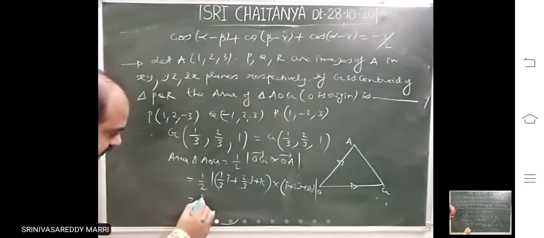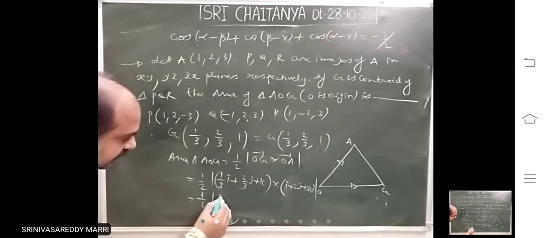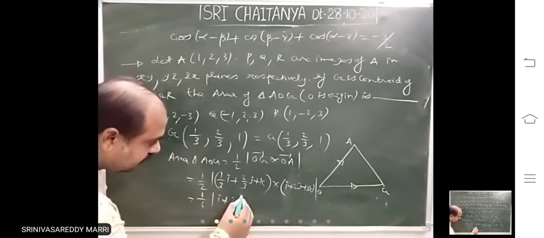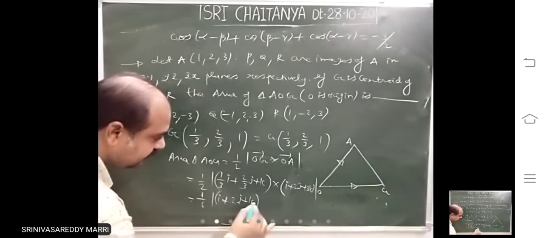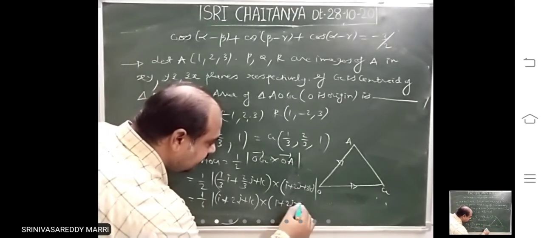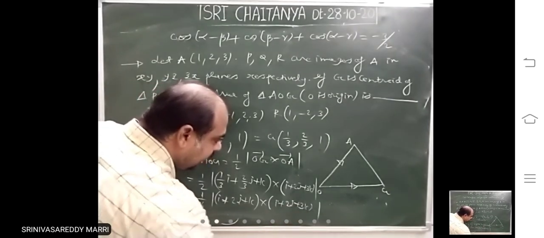Take the LCM 3 and write it outside: (i plus 2j plus 3k)/3... that is, (i plus 2j plus 3k) cross (i plus 2j plus 3k).